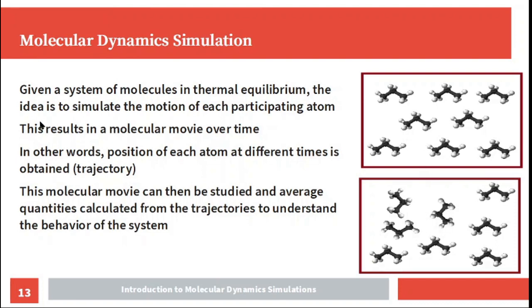Or in other words, the position of each atom at different times is obtained. This is called a trajectory, atomic trajectory or molecular trajectory. This molecular movie can then be studied and average quantities calculated from the trajectories to understand the behavior of the system. And how exactly is it done?